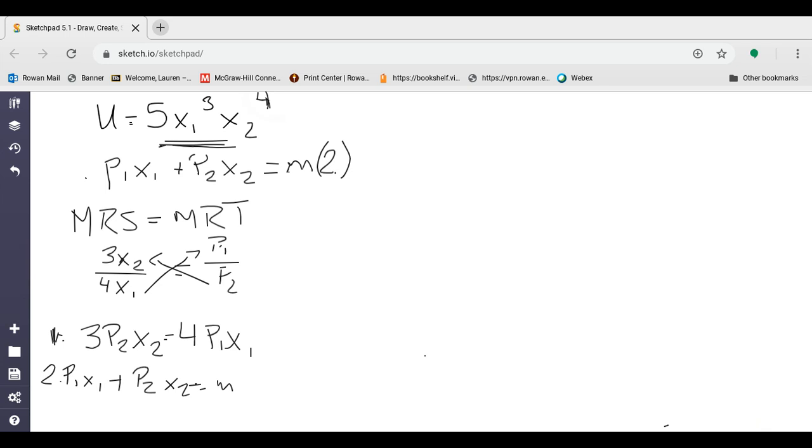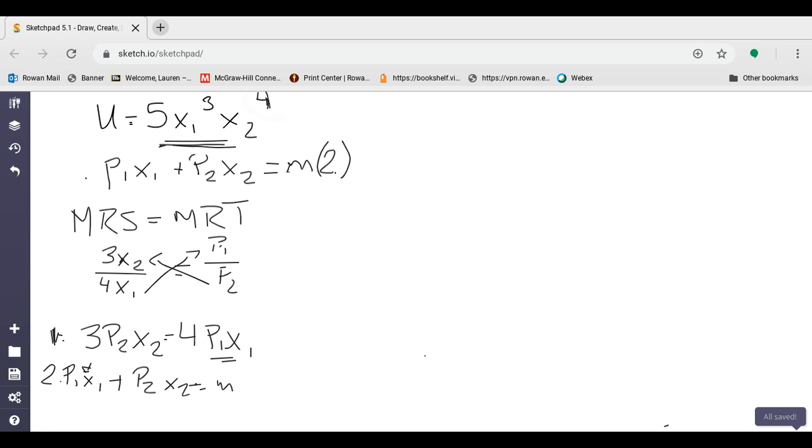That's the budget. Now we want to be able to substitute something from 1 into 2. You can do it the other way too, but I'm going to do the first way. So maybe I'll get P1x1 by itself and then substitute it into here.